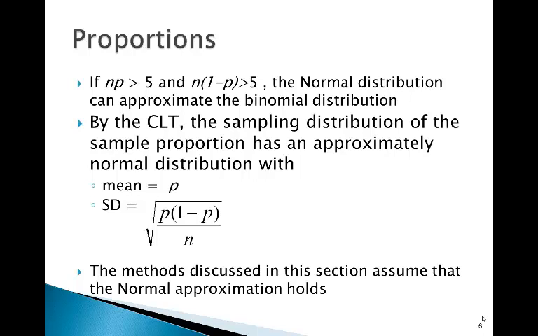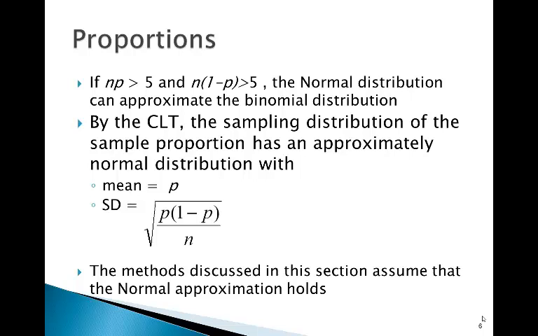So we know that the sampling distribution of a sample proportion has an approximately normal distribution as long as certain conditions hold. And those conditions are that n times p is greater than 5 and n times 1 minus p is also greater than 5, where p is the population proportion. The mean of this distribution is p, the proportion, and the standard deviation is p times 1 minus p over n, and all of that square rooted.